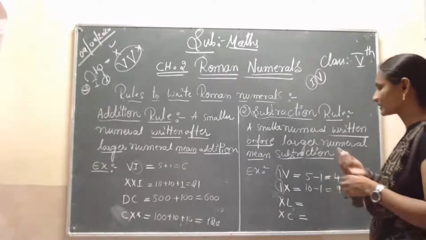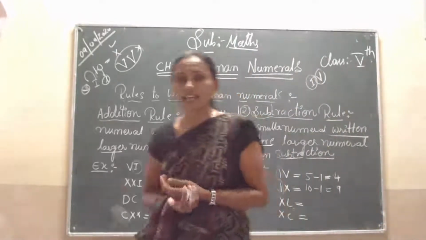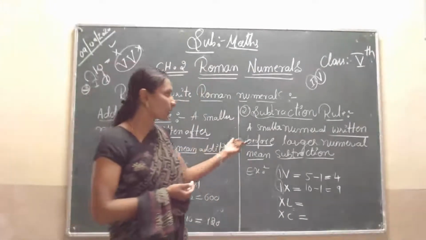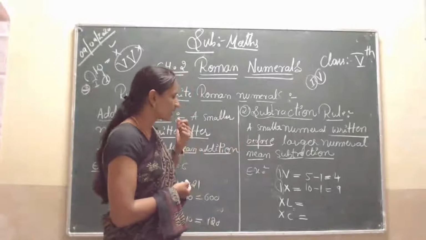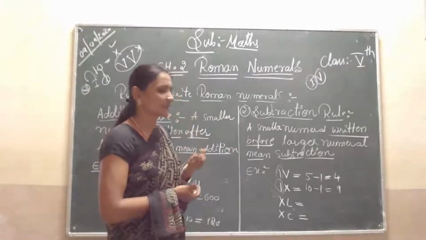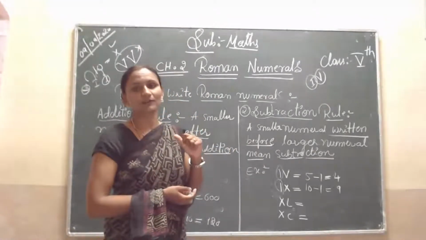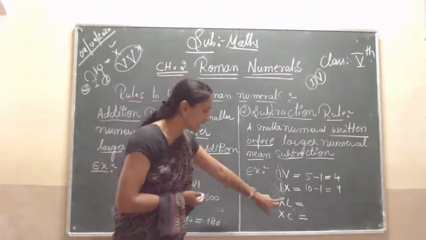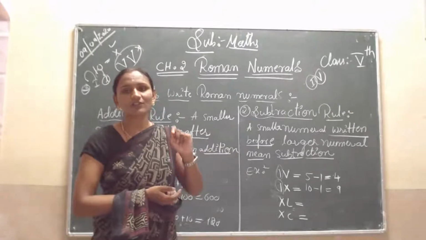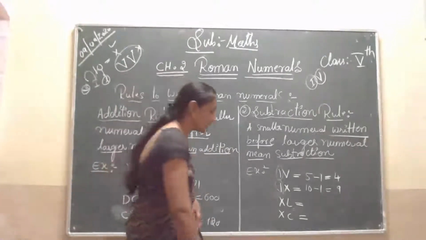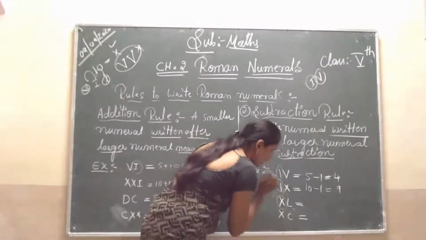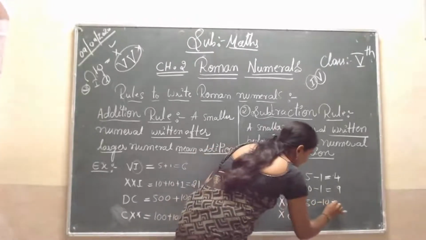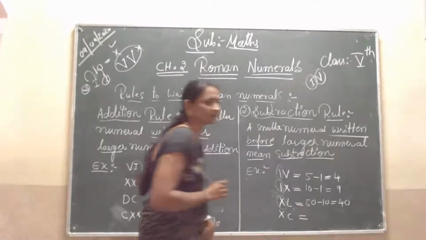Okay, students. Next, XL. XL means the total value is 40, but you have to apply the subtraction rule. A smaller numeral written before a larger numeral means subtraction. XL means L is 50, so 50 minus 10 is 40.